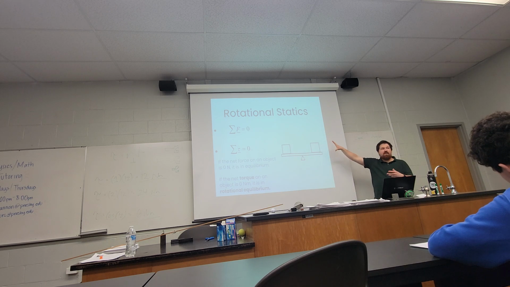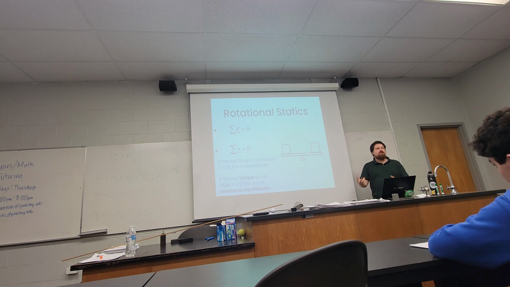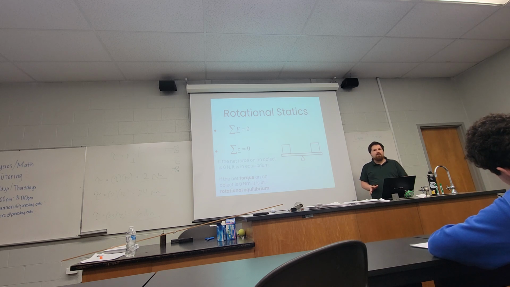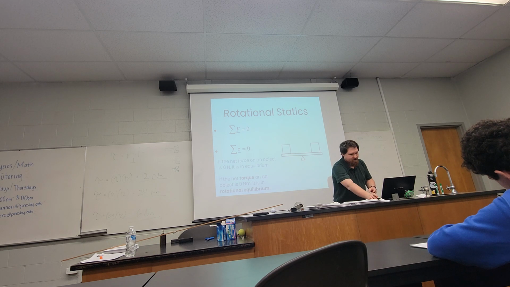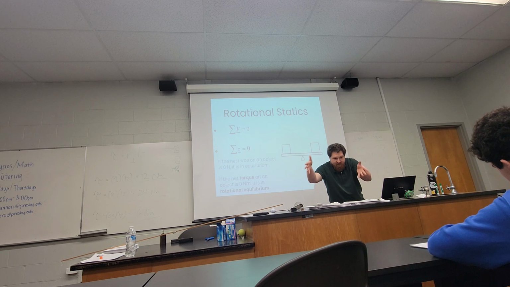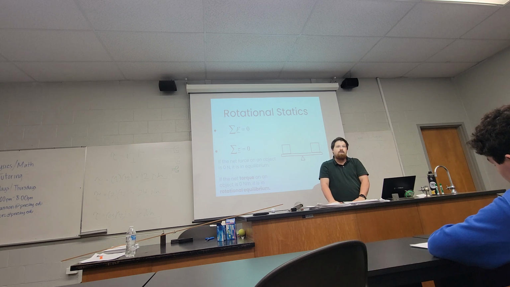This object, as it is currently pictured, is in rotational equilibrium. There are currently forces acting on it. There are currently torques acting on it. But as long as they balance out, it doesn't spin anywhere. Does that make sense? Again, similar to how there are currently forces acting on all of the stuff on my desk, but as long as they cancel out, they don't move anywhere.